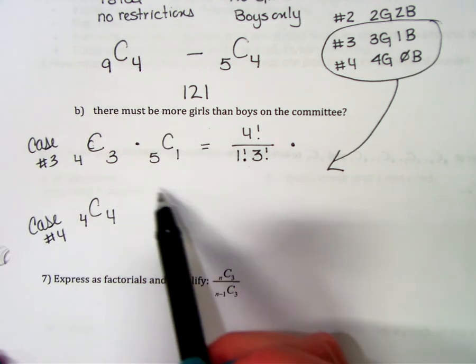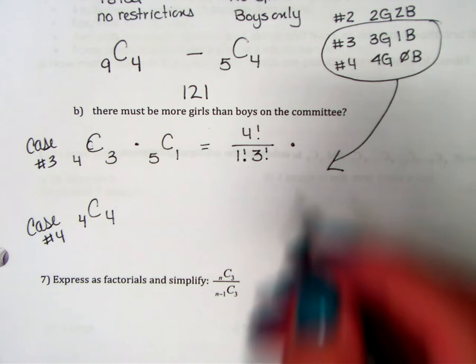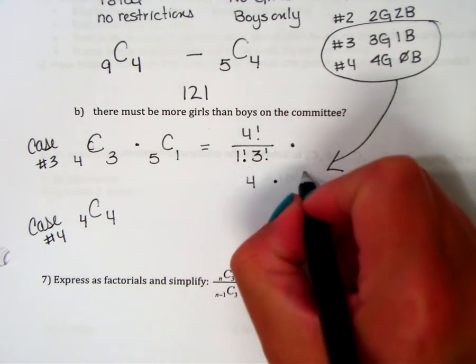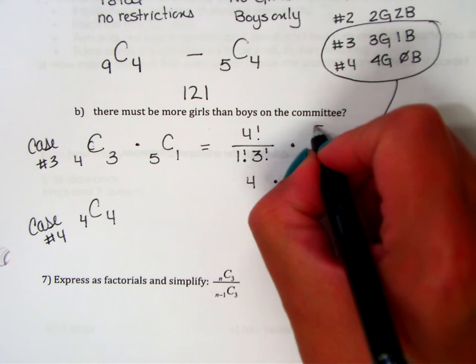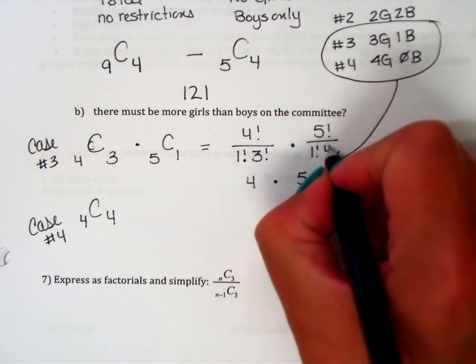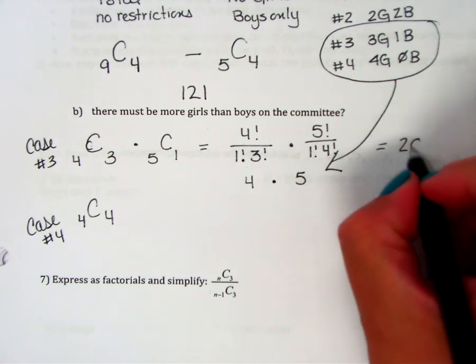Okay, so this one here, what's that one? Can we do that one in our heads? It's 5. So this one was 4, this one was 5. This one would be 5 factorial over 1 factorial, 4 factorial. So that's going to give me 20.